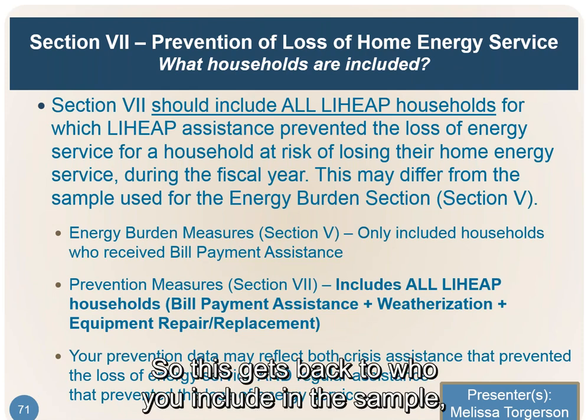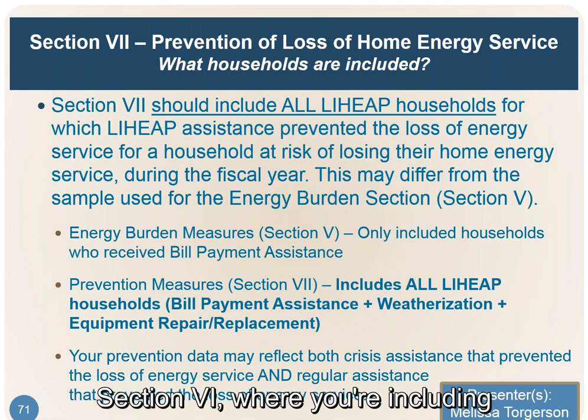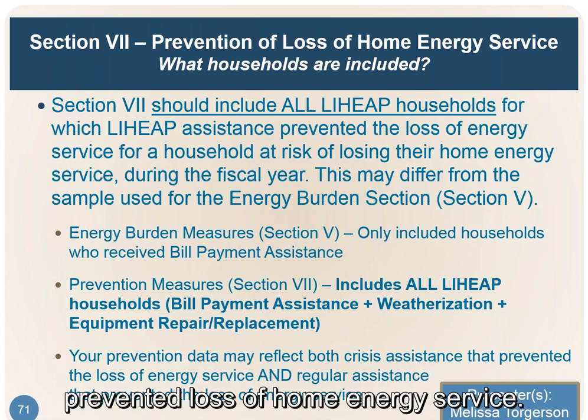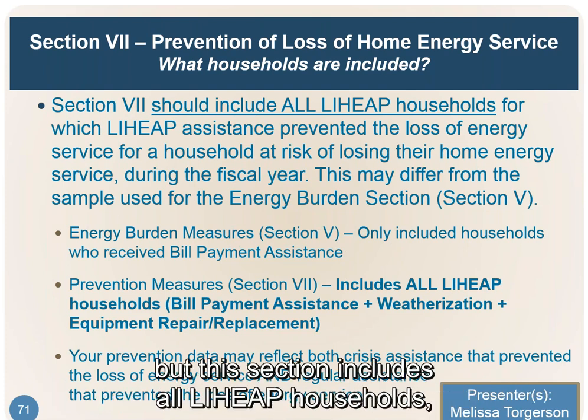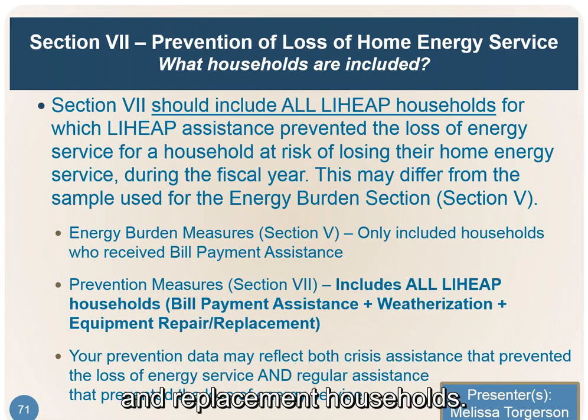So this gets back to who you include in the sample, and it's really the same as the previous section, Section 6, where you're including all LIHEAP households where LIHEAP assistance prevented loss of home energy service. Section 5 only included households who received bill payment assistance, but this section includes all LIHEAP households, including weatherization or equipment repair and replacement households.